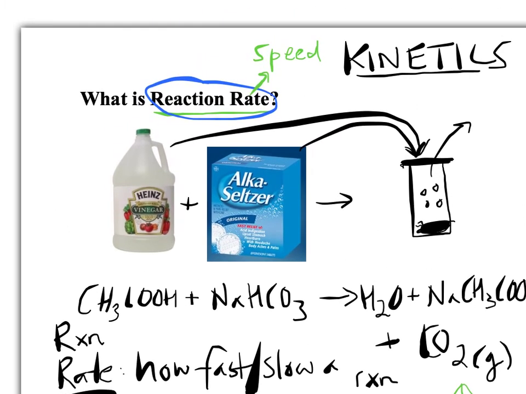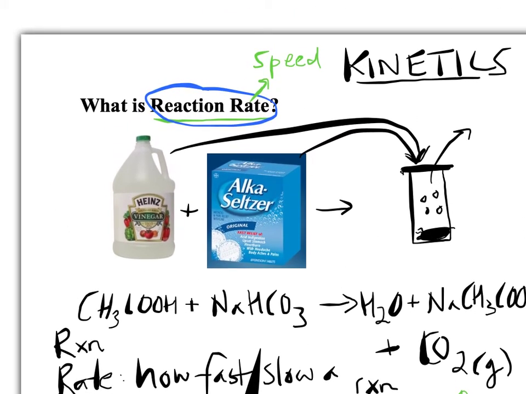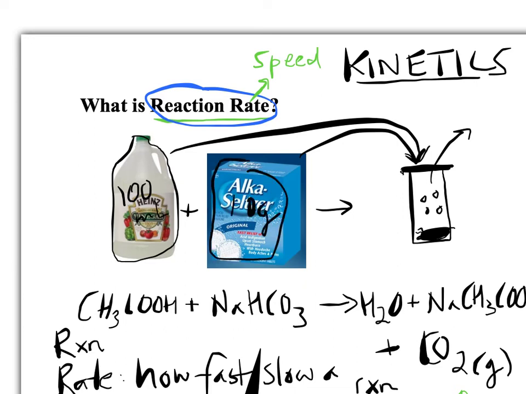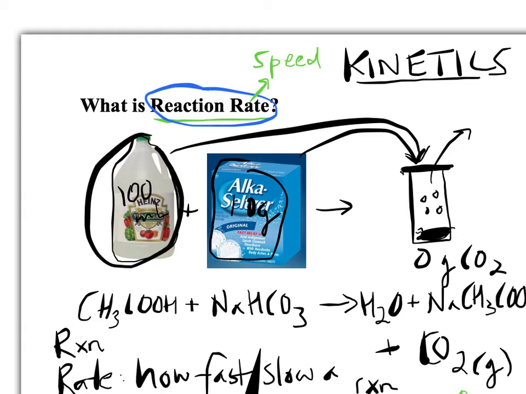So we think back to this reaction here. Initially, we had some vinegar, maybe like 100 milliliters, and we had some Alka-Seltzer, maybe like 10 grams, and we had 0 grams of carbon dioxide. Once we mixed them together, these guys started reacting. They started mixing and combining. As they combined, they formed CO2, so the amount of CO2 went from 0 grams to maybe 2 grams.